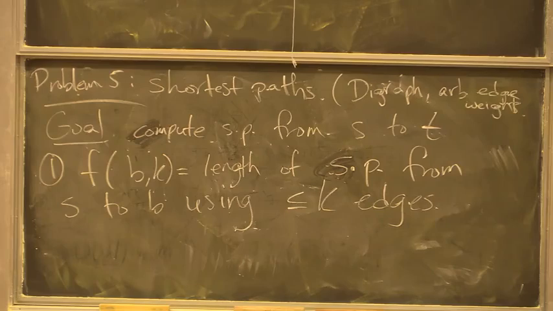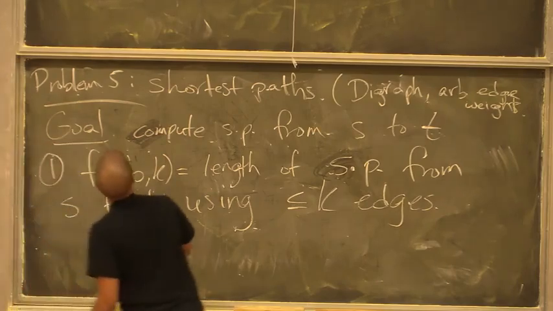But there are only n vertices in the graph, which means you cycled somewhere. But I promised you this graph has no negative cycles. So there's no reason to cycle. So you never need to consider paths that have more than n minus 1 edges if the graph has no negative cycles.